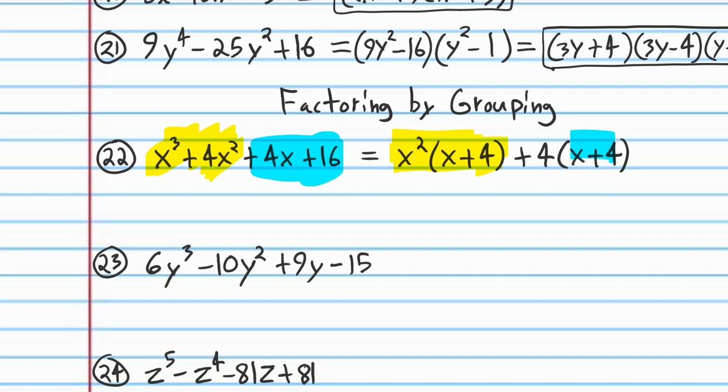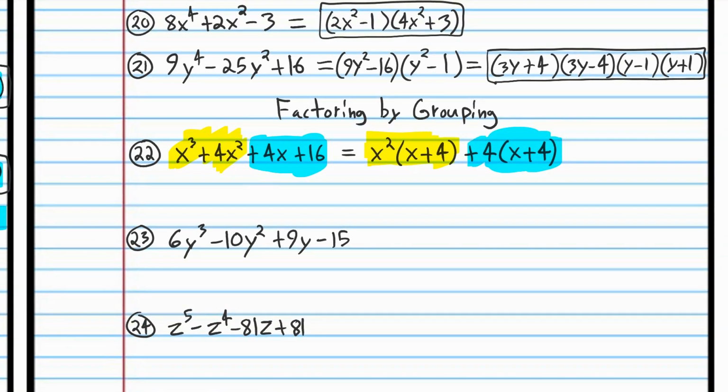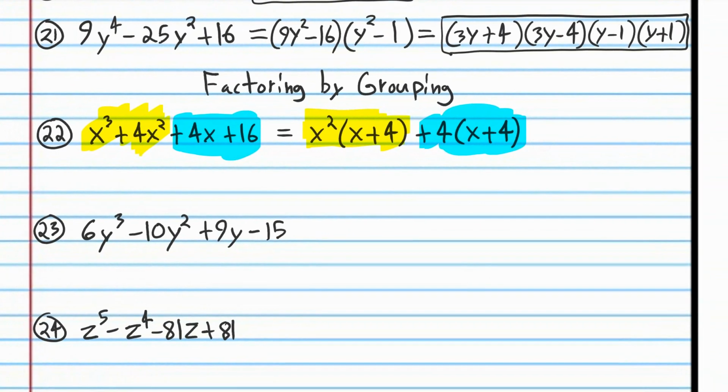So again, this is called factoring by grouping. We factored the first group and the second group, and that's why it's called factoring by grouping, because you're factoring each group separately.